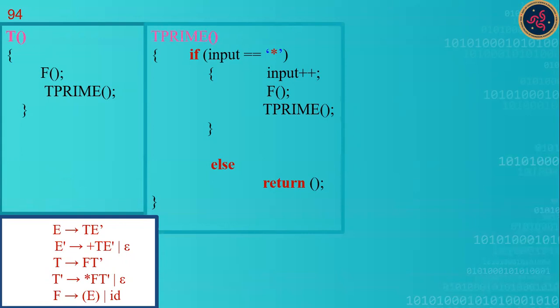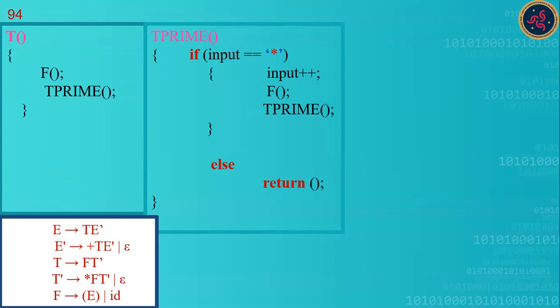Here there is a recursive function, that is, T prime is calling itself. It will repeatedly call T prime itself. Once it is completed, we can come out of this function by using the else part, that is, the return. We have a production where T prime is epsilon also, right?